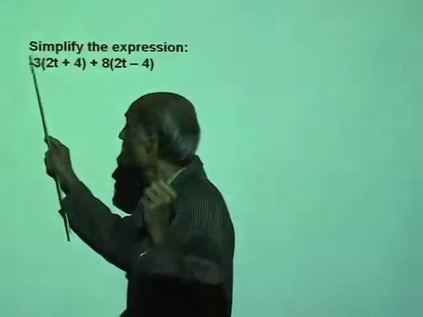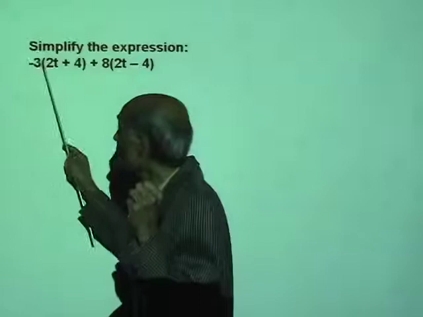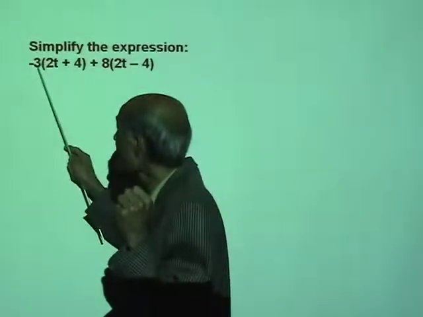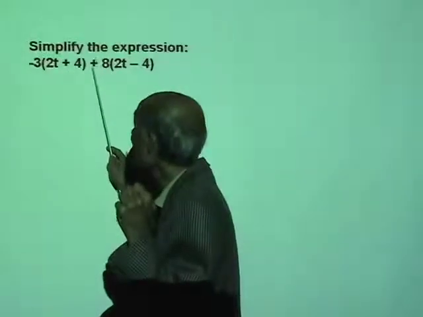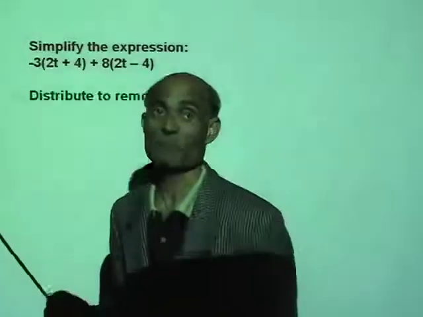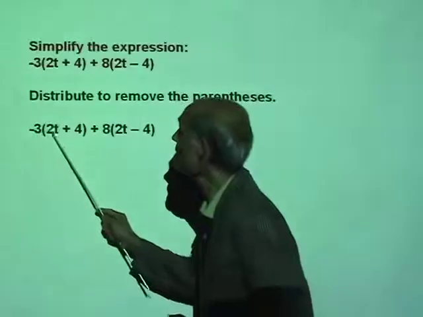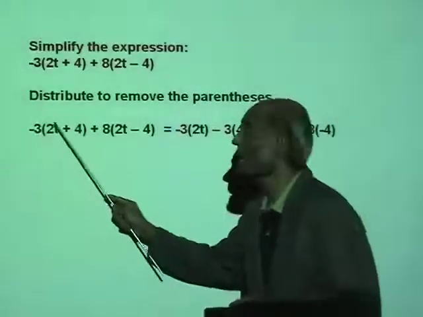So, distribute the negative 3, what will you do? Multiply the negative 3 with 2t, and then multiply the negative 3 with positive 4. And similarly here, distribute the positive 8. Alright, let's do that. Distribute negative 3 times 2t plus 4, and look at the way I have done that.